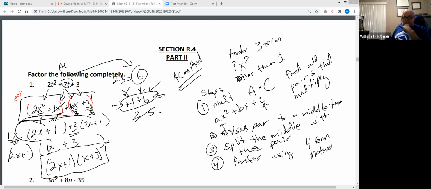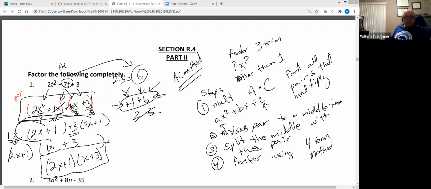Hopefully you have those steps written down, or I'll give you a second to write them down, because we're going to do that about 8 more times. Factor using the AC method. For some reason, this AC method is the hardest for students.